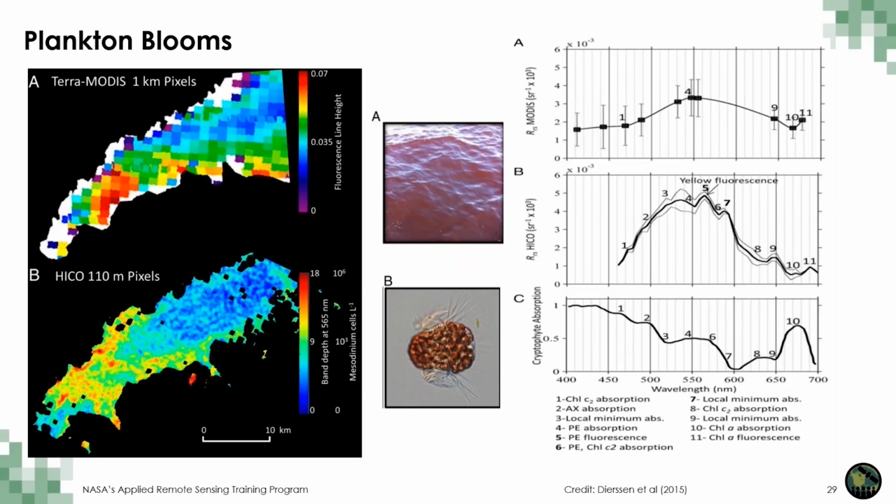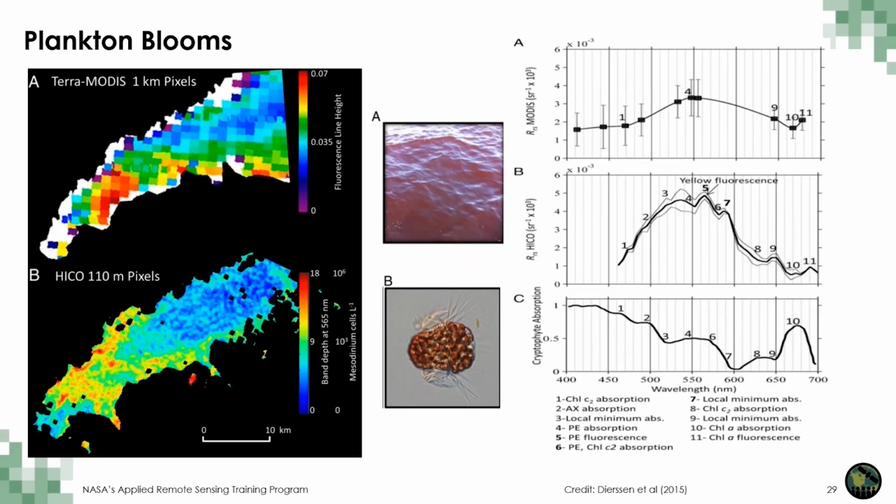The ciliate produces intense red-colored blooms, and here on the left-hand side, a MODIS image from 2012 shows an elevated chlorophyll-a fluorescence patch, but due to the limited availability of visible bands in MODIS, the type of bloom cannot be distinguished.